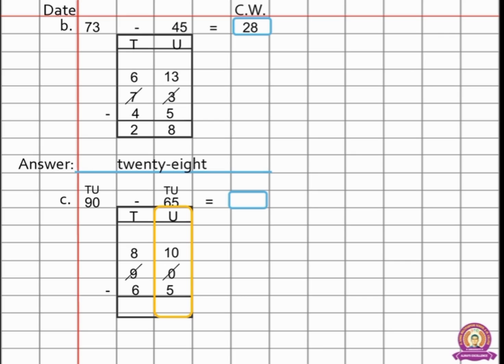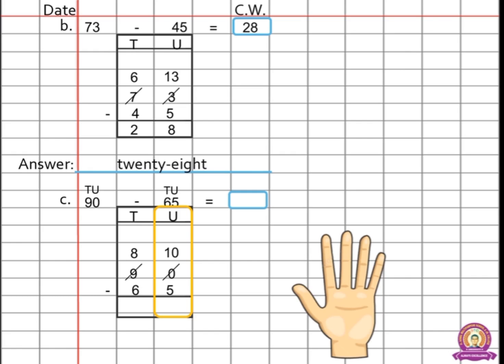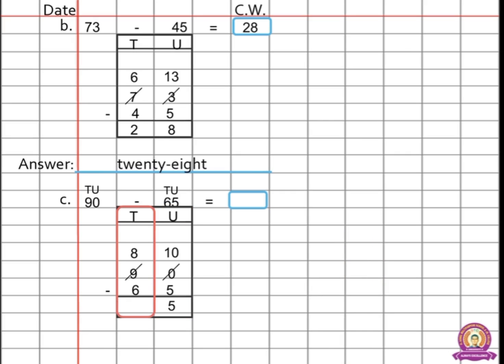10 minus 5. Count the numbers after 5 till you call out 10. 6, 7, 8, 9, 10. 10 minus 5 is equal to 5. Next, 8 minus 6.